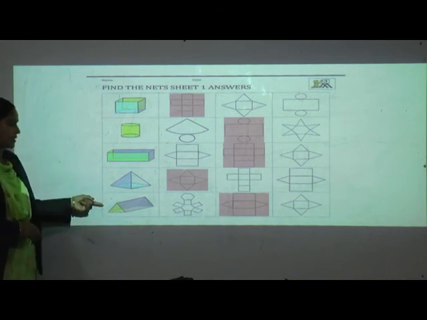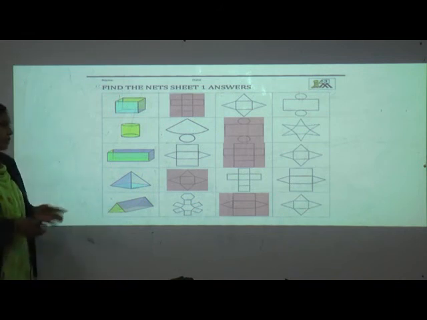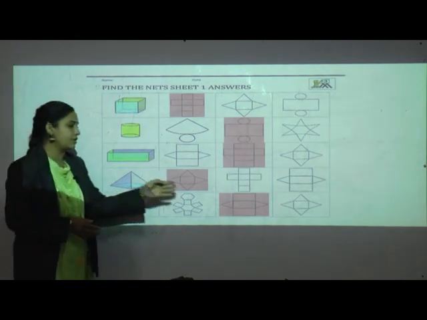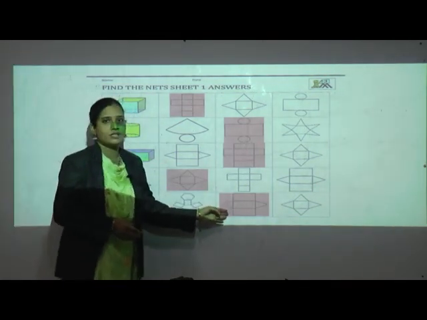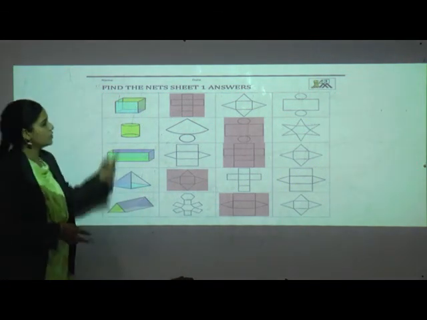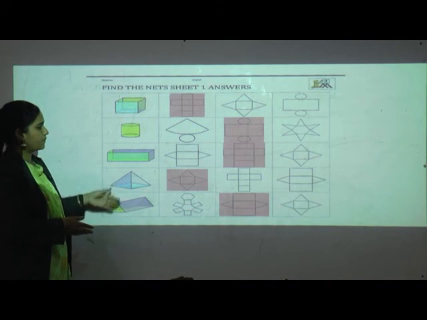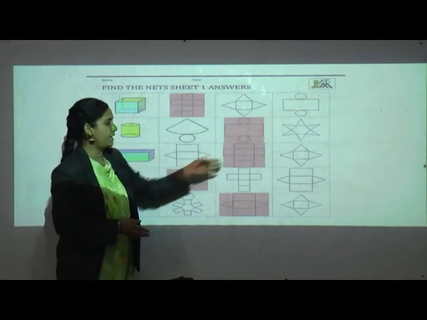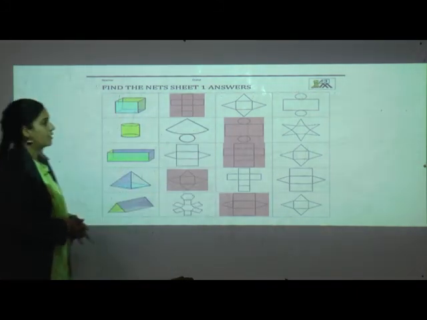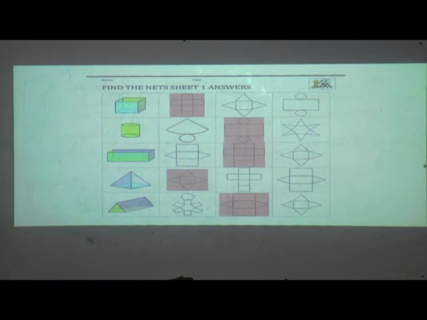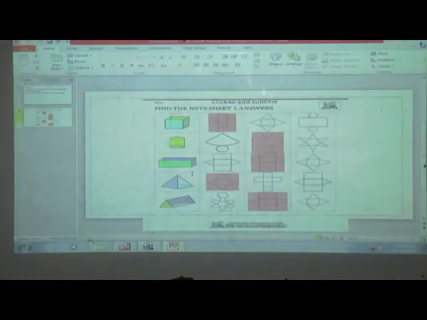When we unfold it, this will be the net of the triangular prism. See carefully students, the nets of these shapes are given in pink color. So we will start our lesson.